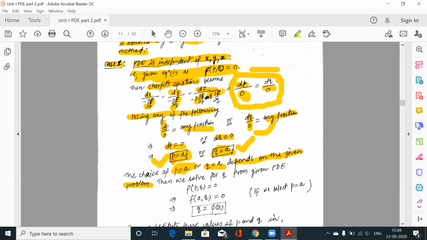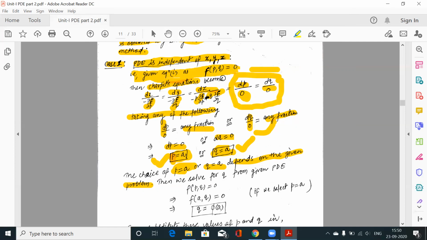If this equation is such that we can solve it for p easily, then we substitute the value of q, or if it is easily solvable for q, then we substitute the value of p.